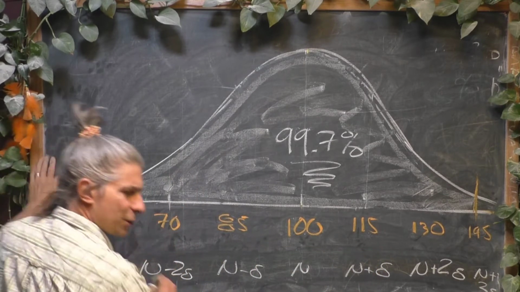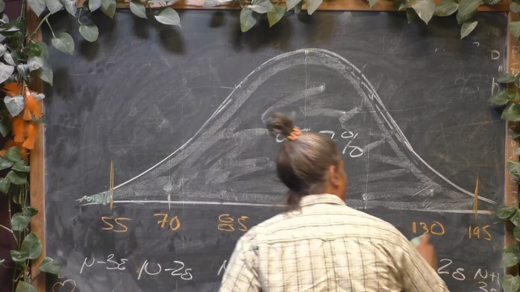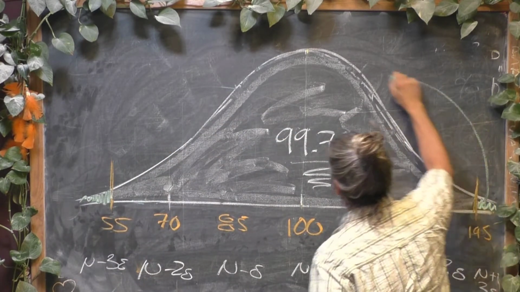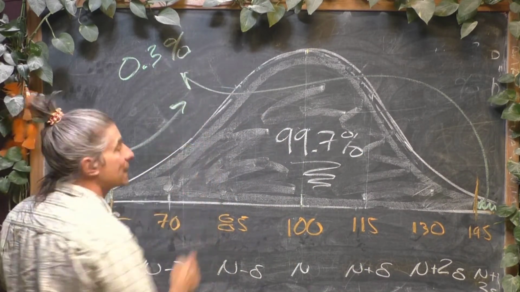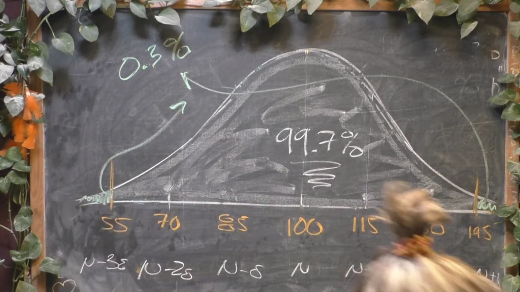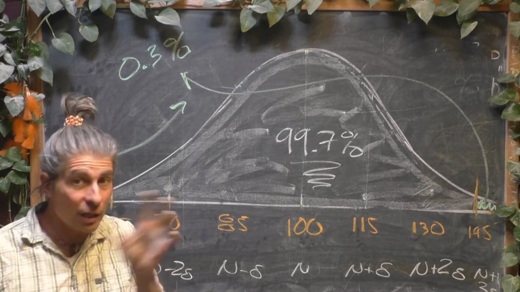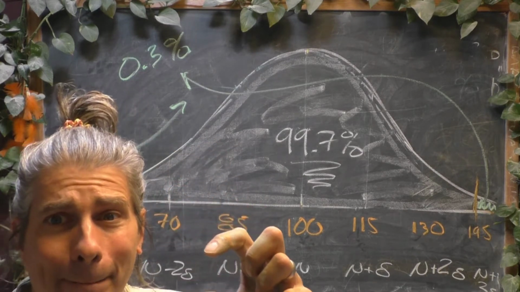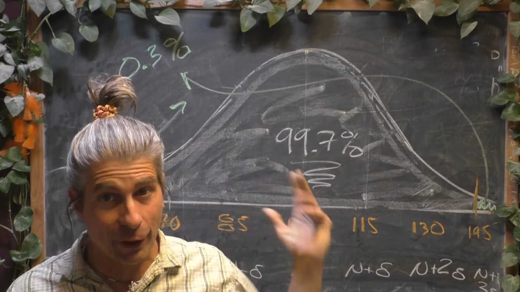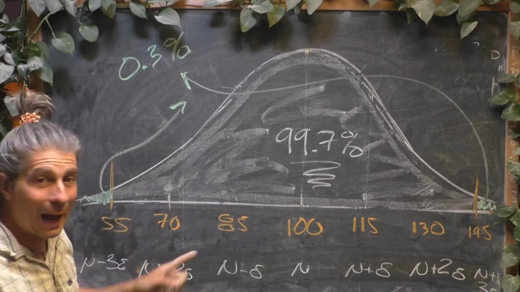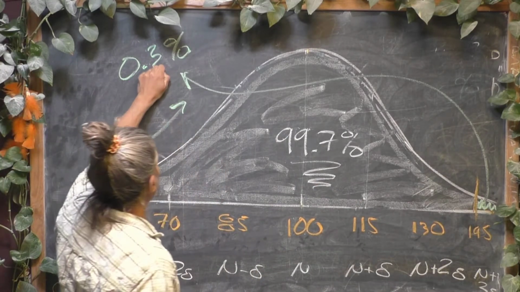So in other words, let's use some color here. This little tail over here and this little tail over here combined make 0.3%. Doesn't seem like much until you extrapolate it out to a large population. Then it's 3 out of every 1,000, which is still a tiny fraction. But that's a lot of raw data points when applied to, for example, the entire population of the Earth. Now, I only want those that are above 3 standard deviations, not above or below.